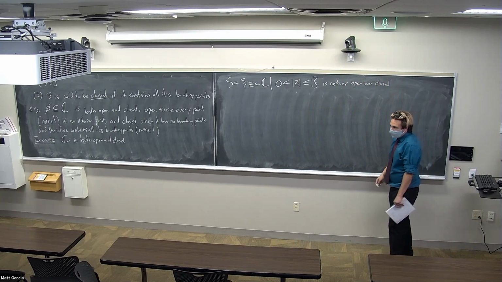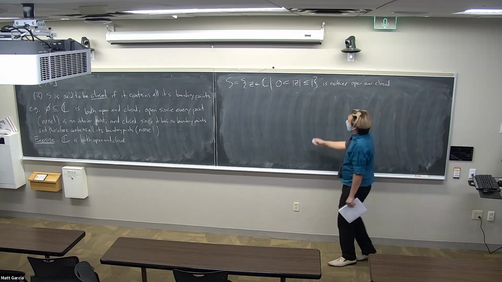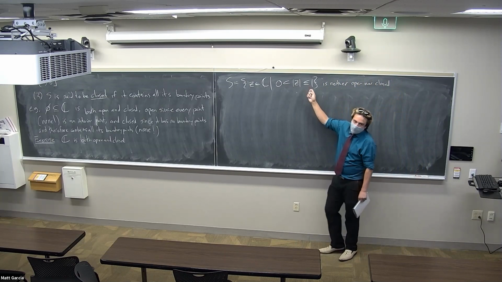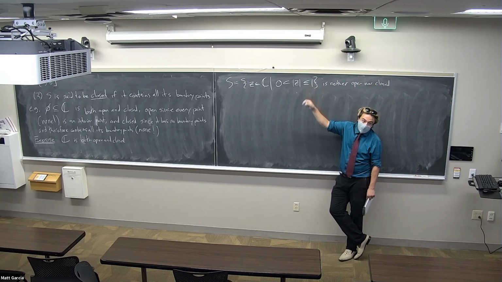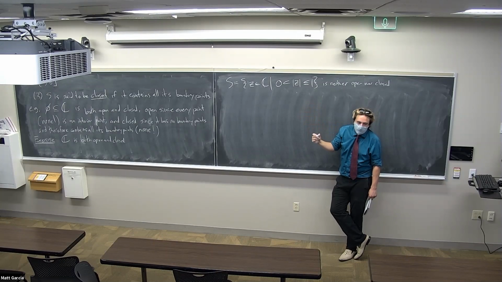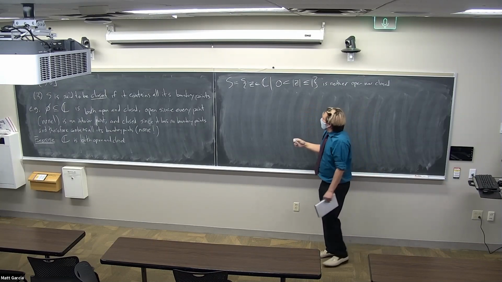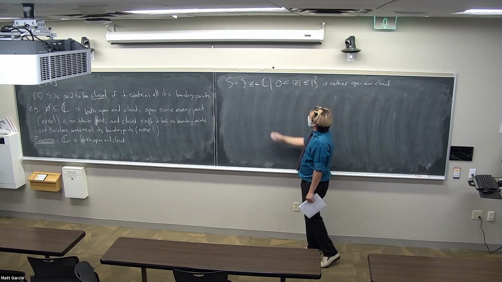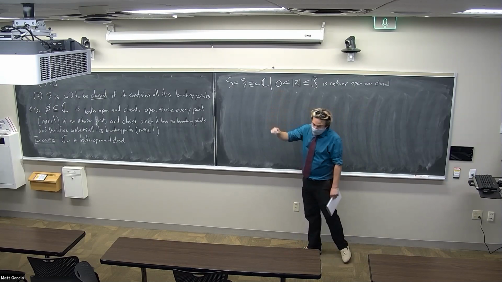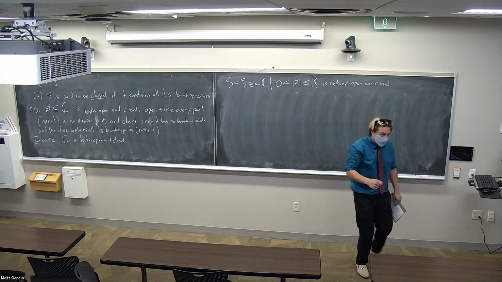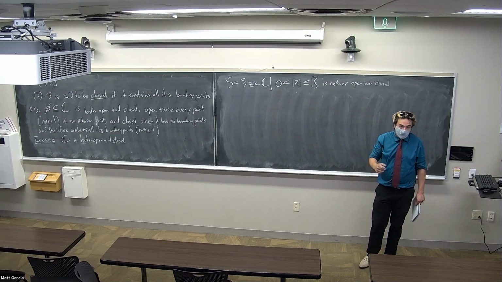Well, it definitely contains all the boundary points on the outer ring, the outer circle, the complex numbers of modulus 1. But it does not contain 0. So that's a boundary point that it does not contain, right?